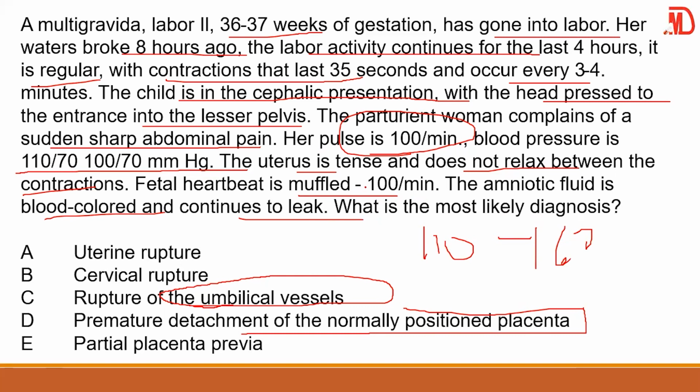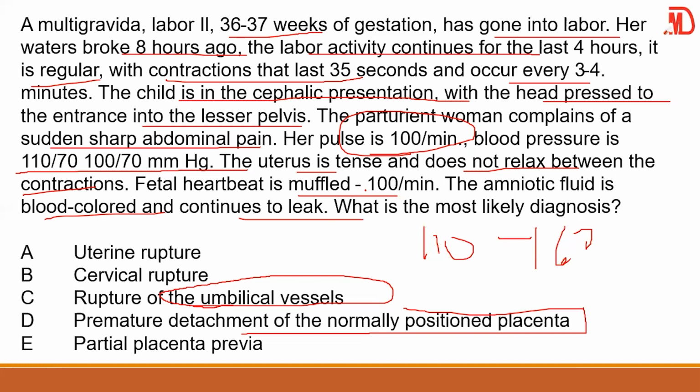So having 100 means maybe the baby is in distress, which could make this a possible answer. That's what I'm thinking, why they chose placenta abruption as the likely answer.